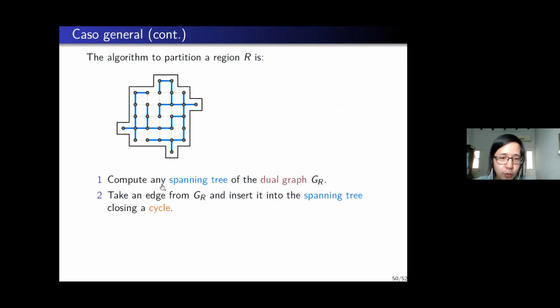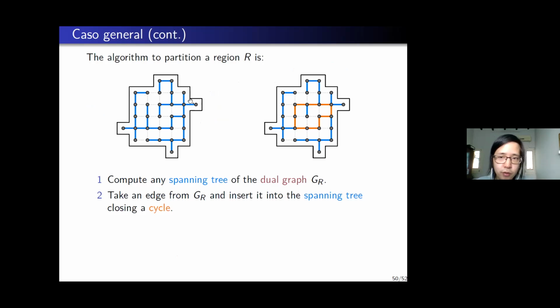Then we take any edge from the dual graph and we insert it into the spanning tree. So it closes a cycle.